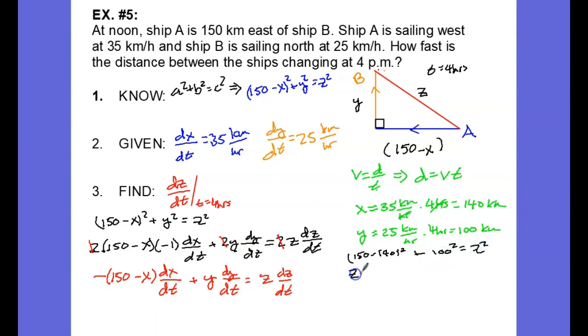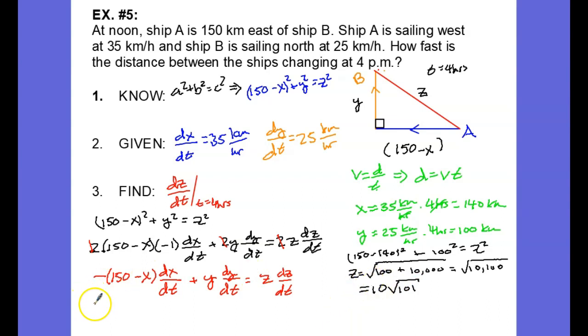Solving for z, we'll take the positive square root, and 150 minus 140 is 10. 10 squared is 100. 100 squared is 10,000, and so we get the square root of 10,100. Factor out 100, take the square root, you get 10. So z is equal to 10 radical 101, and that'll be the exact value.